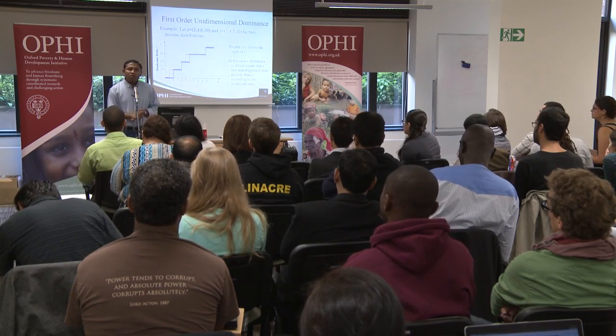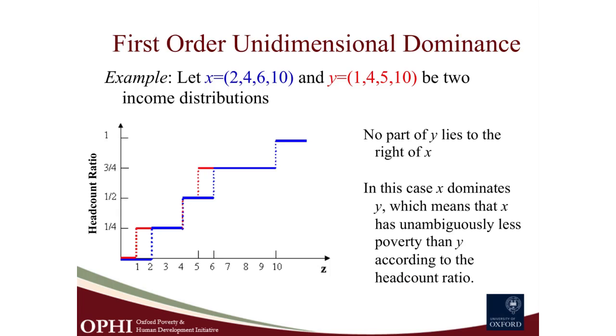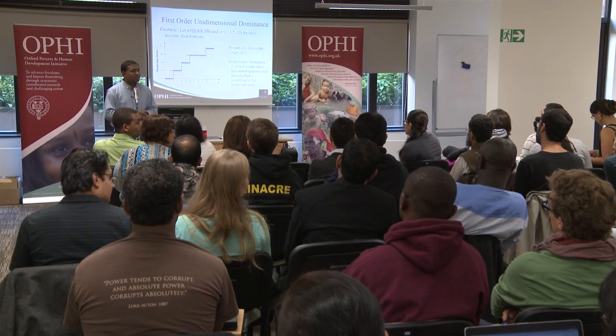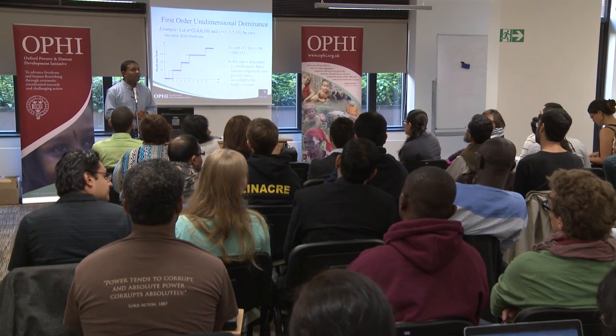So recall the unidimensional dominance that we had in our first class. When can we say that one distribution has unambiguously higher poverty than another distribution? Remember? Anyone? When the headcount ratio is greater than the other for every cutoff. And when does that happen?